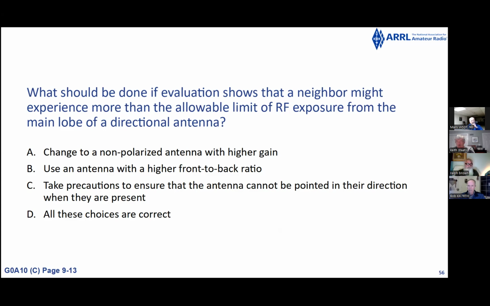We get what you're saying. If you live in a house with beams 50 feet up and the guy's on the second floor next to you and your beams are pointed at him in their apartment building, you're giving him RF radiation.